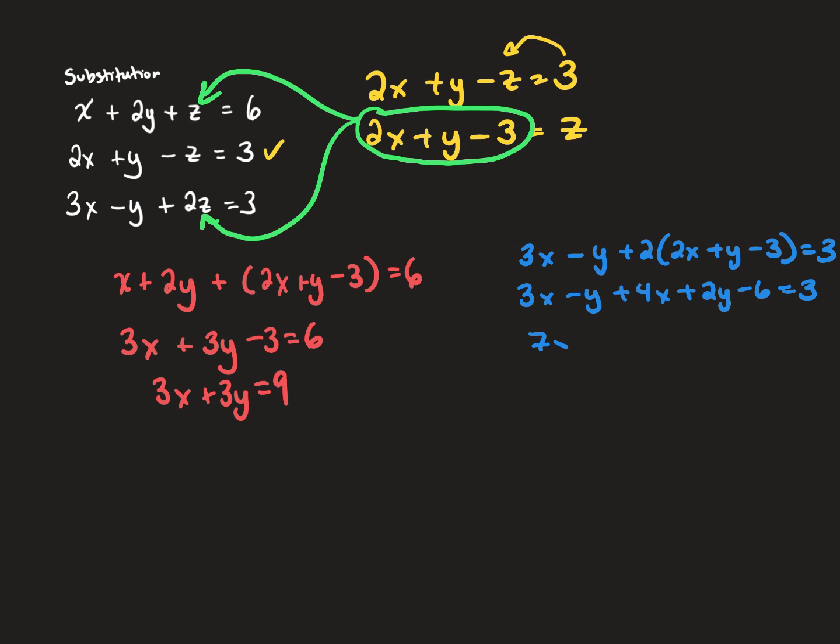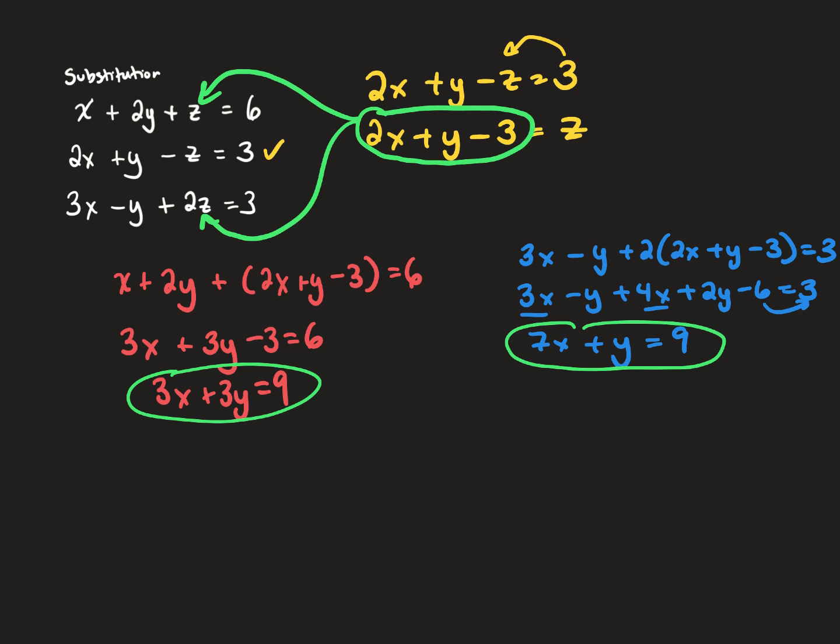If I clean this up, 3x and 4x is 7x. 2y and negative y is positive 1y. And then we have this minus 6, which we can move over to the other side, which would be 9. And now we have these two equations. Not surprisingly, these are the exact same two equations we had on the previous page.